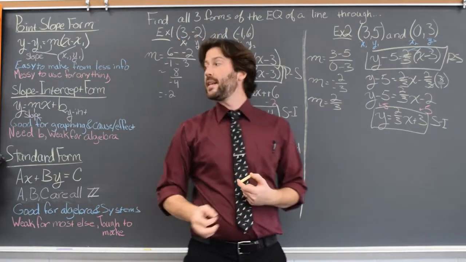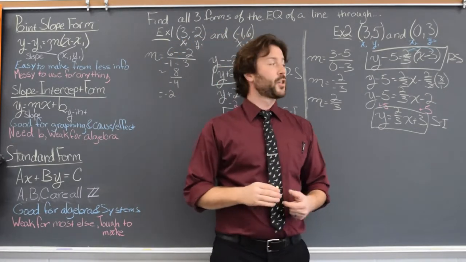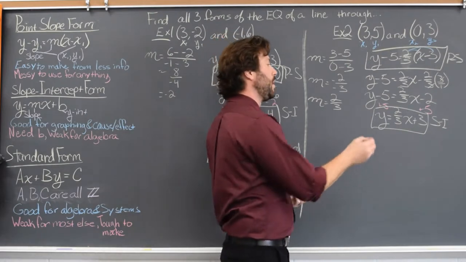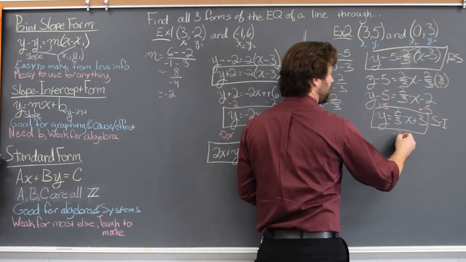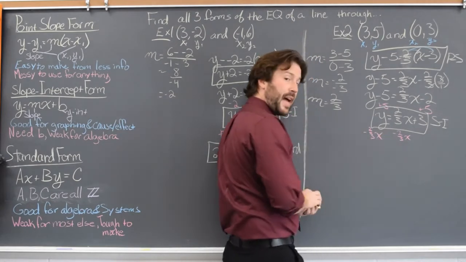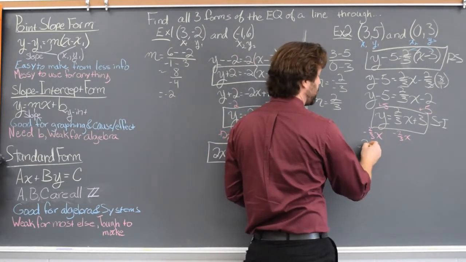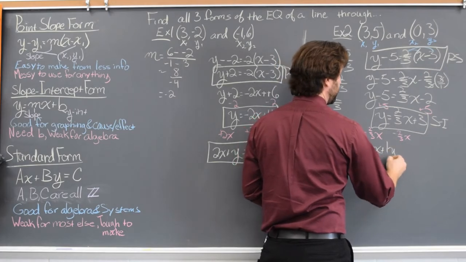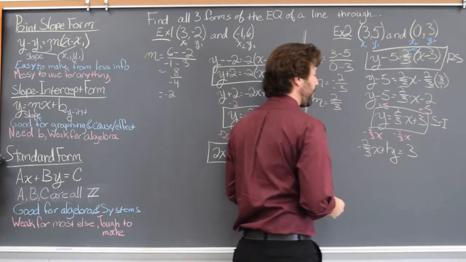Now the last bit is I want to have standard form. So I want to have x and y on the same side, and I want to have no fractions. So I'll start by subtracting 2/3 x from both sides. So negative 2/3 x plus 1y equals 3.